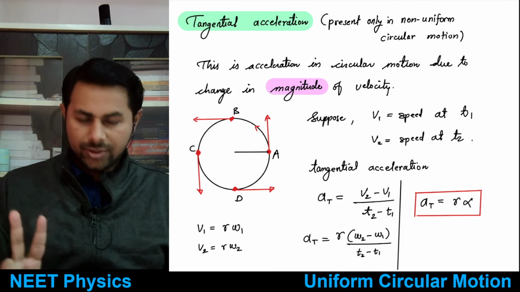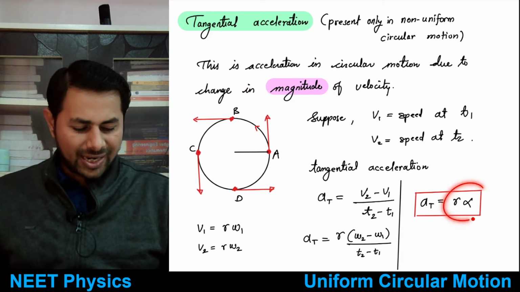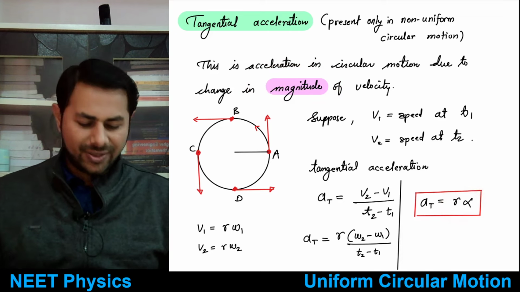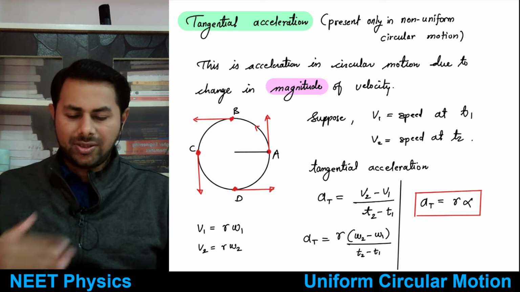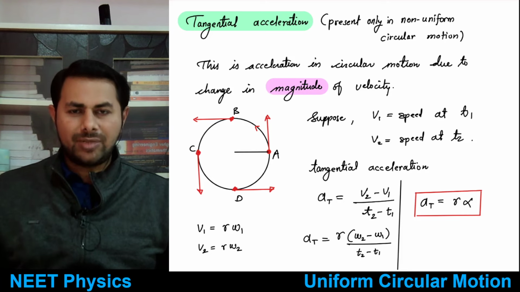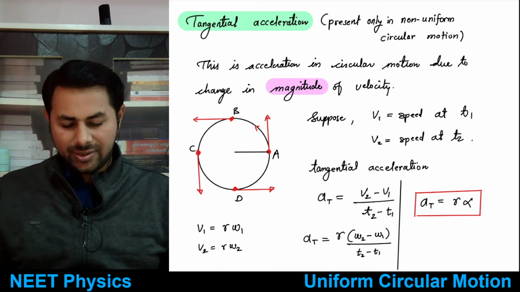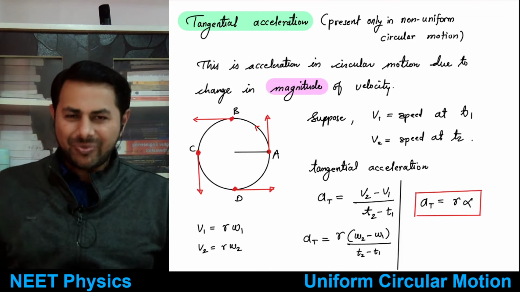So there are two things to be remembered. It is because of change in what? The magnitude of velocity, this is one thing. And the second thing is it is r times angular acceleration. If angular acceleration is 0, it means the object moves with constant angular speed, that is, the object moves with constant linear speed. Both are equivalent.